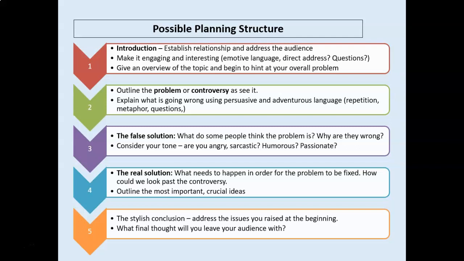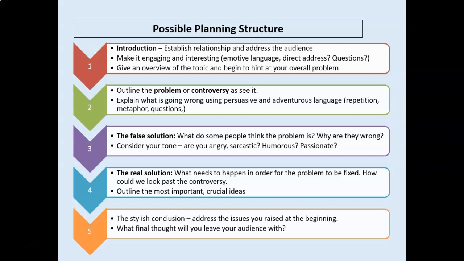Section 2 or paragraph 2, what is the issue? What is the main problem? Outline it as you see it. Section 3, this is a bit where you argue against an idea. Maybe some people think the problem would be fixed if, I don't know, teenagers were less lazy. Maybe some people just think teenagers are lazy, so they don't bother doing exercise.